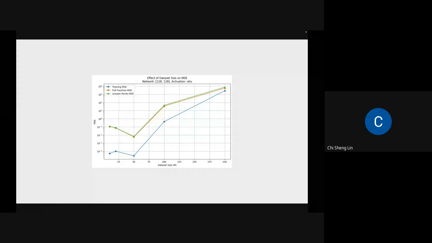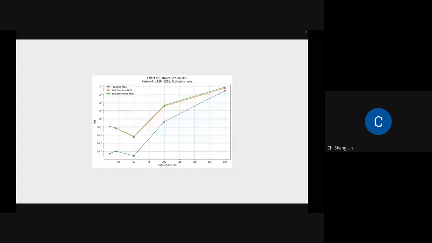And for 10 points, it stopped at 4,000 epochs in 11 seconds. But for larger data sets, the model trains for longer but does not converge as well. For 100 points, it trained for 9,000 epochs for 14 seconds, but error remains high. And for 200 points, it trained for 9,000 epochs in 18 seconds, and the MSE still worsened drastically.